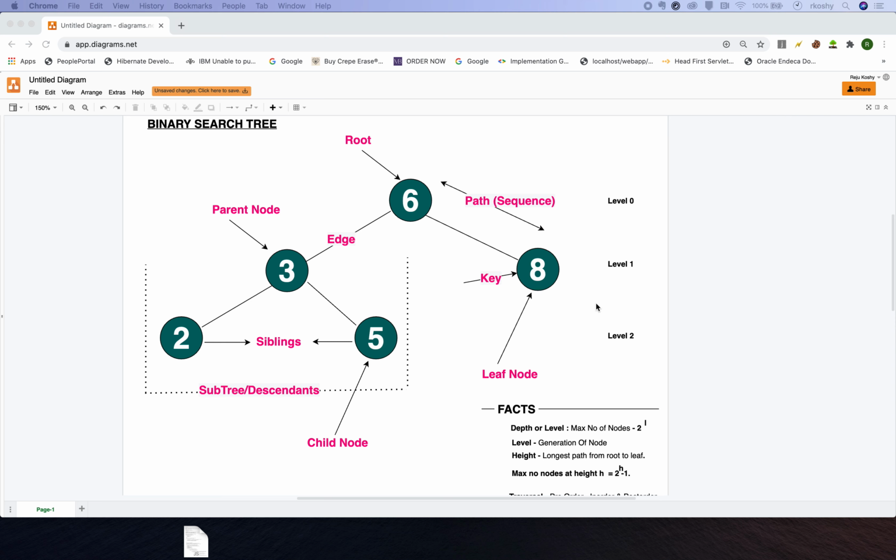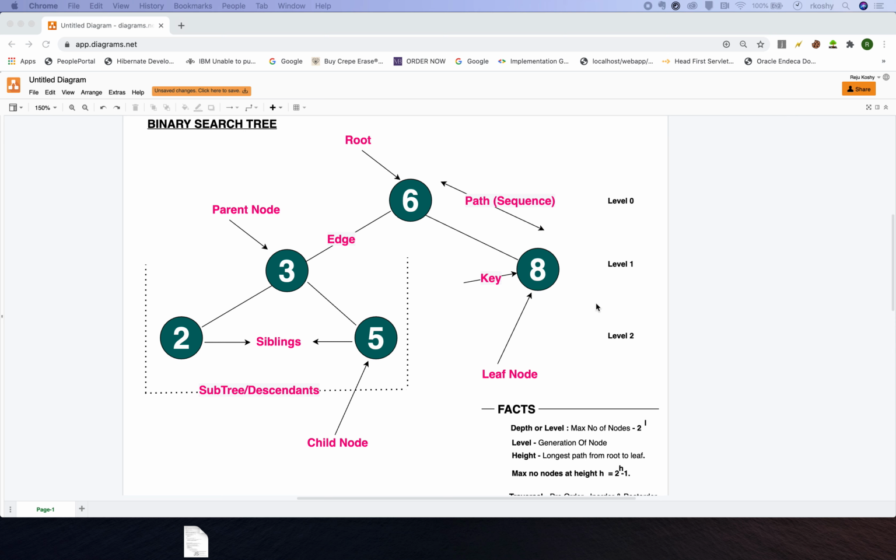So this is a classical example where we can make a mistake. The possibility of mistakes is more when we try to explain the difference between level and height. So always consider level as a generation of nodes, accumulation of nodes. Okay, how many nodes are at a given level.